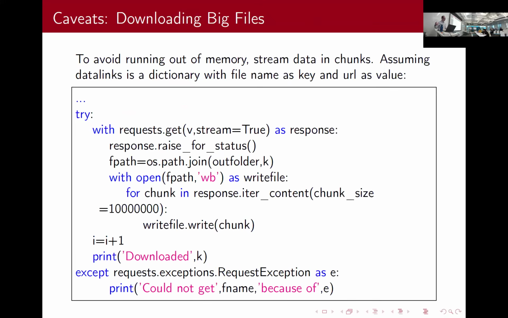If you're dealing with files that are too big and you run out of memory, instead of doing that simple download that we were doing, this is some code that basically allows you to stream the files in chunks, and you can specify how big the chunk is that you want, and that way you won't run out of juice. I basically just ran into this problem one day, searched it up, found this solution, and it works pretty good.